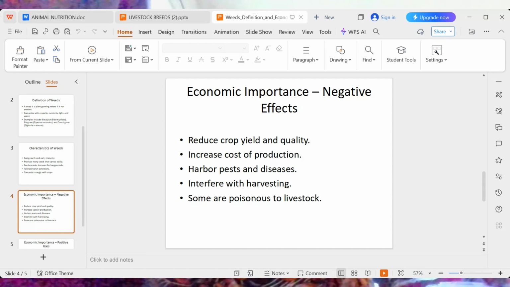And I would like one of you to give us examples of economic importance of the weeds which are beneficial to human beings or livestock or even to our environment. You can unmute your microphone and say something. Anyone?